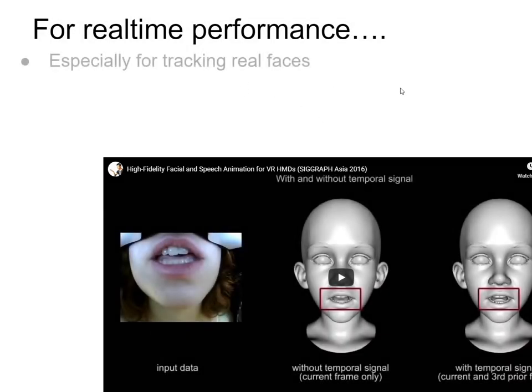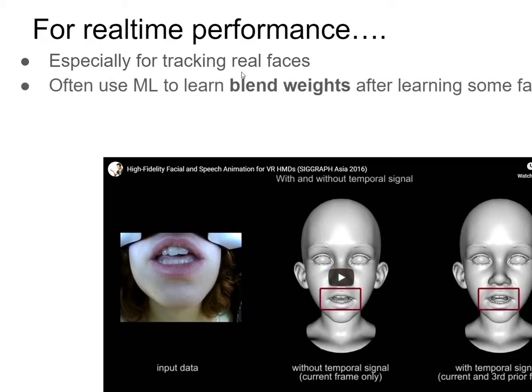For real-time performance, especially if you're going to track a real face in real time, like in VR or AR, I briefly touched on this before, but you can use machine learning to learn the blend weights. So if you learn some facial expressions, a machine learning algorithm can figure out what the weights should be to achieve a certain pose from an image or something.